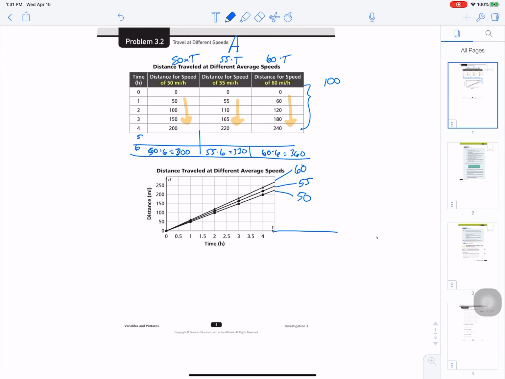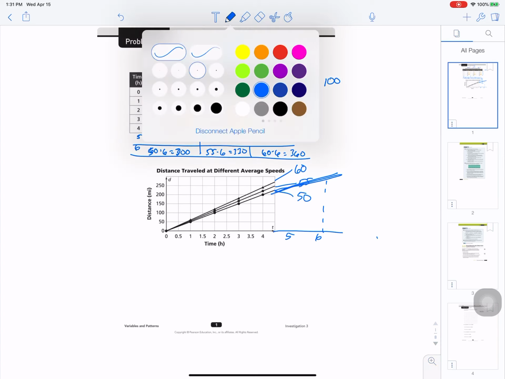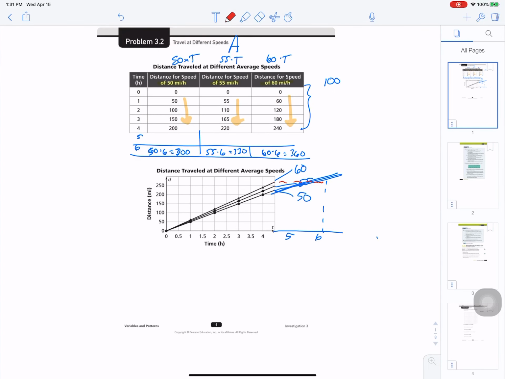The graph, you'd have to extend this to 5 and 6 and see wherever these lines end up, and then go down to 6 and then go over here somewhere to find out where that would be. Okay, so 6 was actually 300, so it shows that my little lines aren't very good. All right, so that's how you would use a table and a graph.